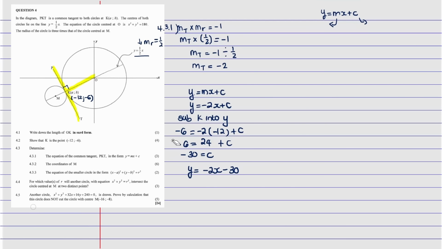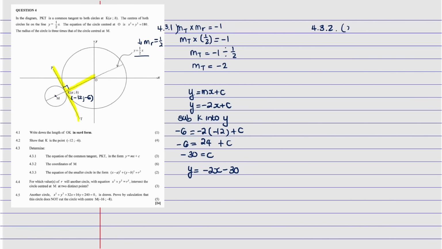Now let me just erase this part. We're going to move on to the coordinate of M, which is 4.3.2. We need the coordinate of M. Do you see that M is the coordinate of the center? So what do we know?